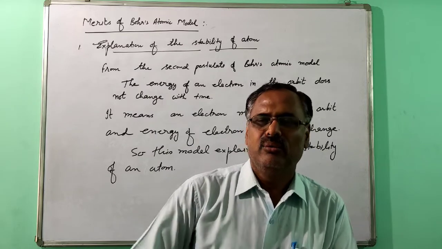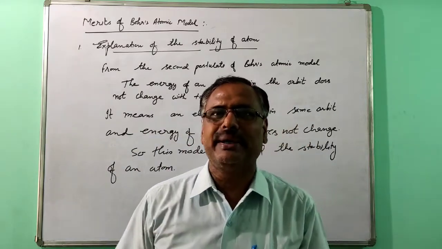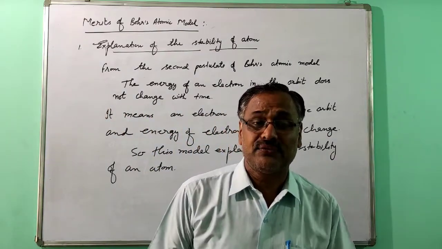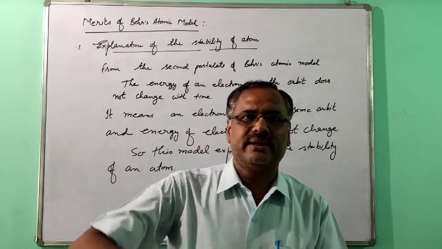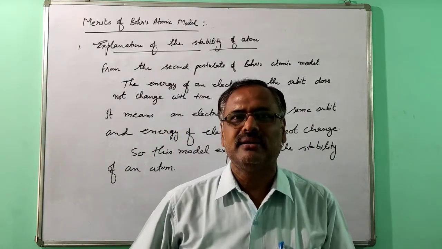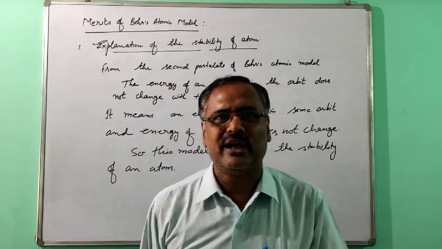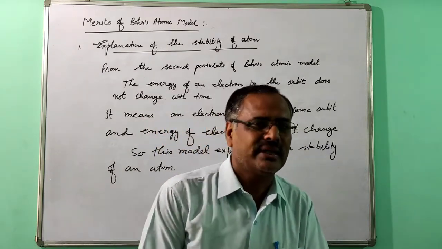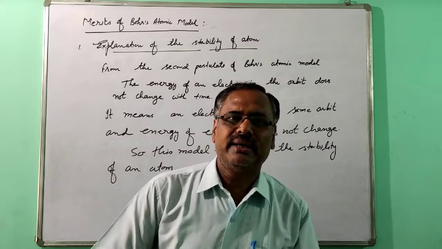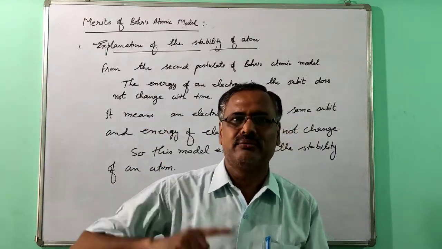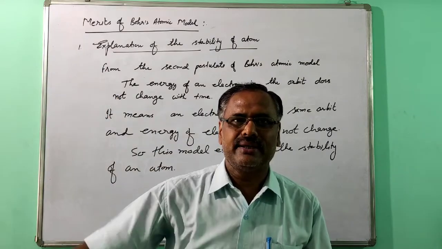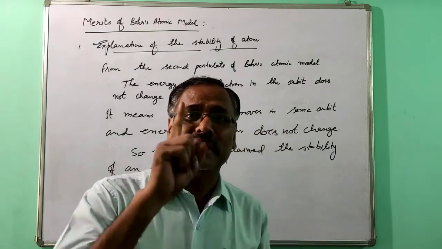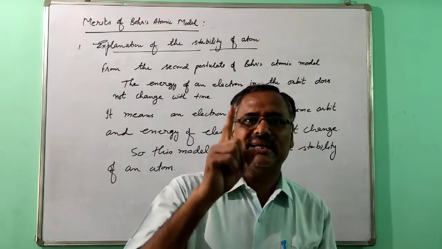Or you can say, when the electron revolves in any orbit, the energy of the electron is not going to change. But in the Rutherford model, James Clerk Maxwell's idea was that when an electron revolves in an orbit, it is under acceleration and radiates energy. In Niels Bohr's model, electrons revolve in a fixed orbit with fixed radius, fixed energy, and fixed velocity, and the energy of the electron does not change.